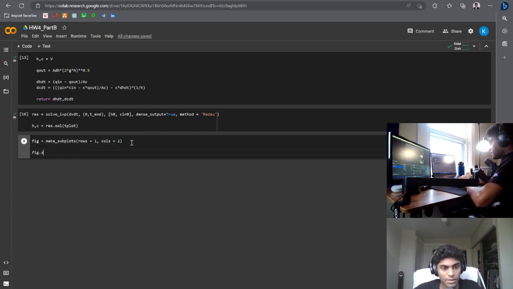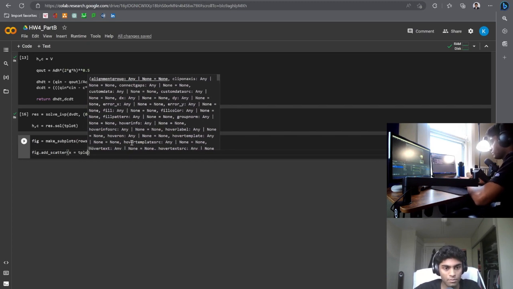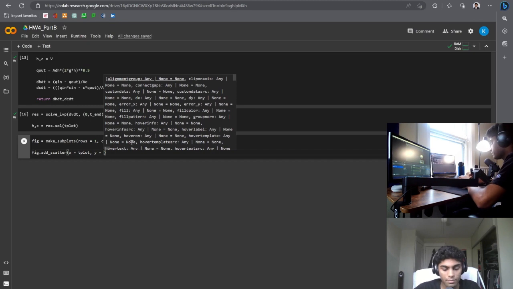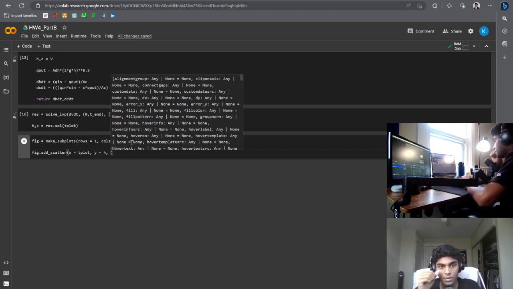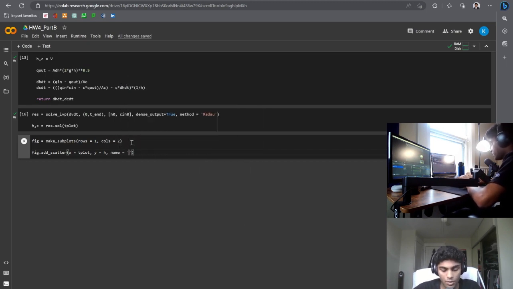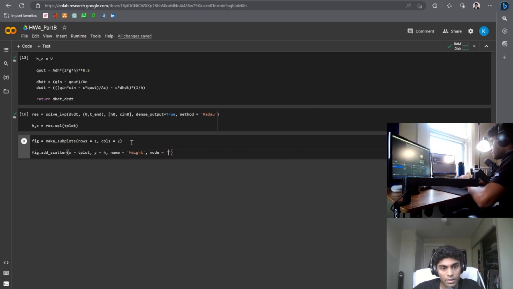So fig.add scatter. Our x equals tplot. Our y equals, let's make this one height. We'll name it height. Mode is going to equal lines.